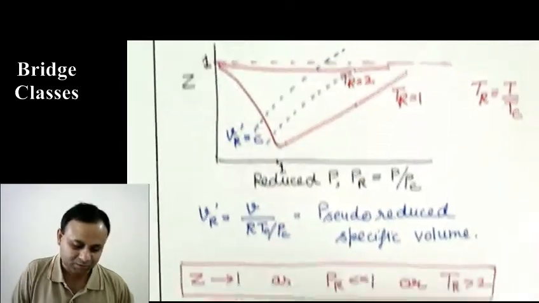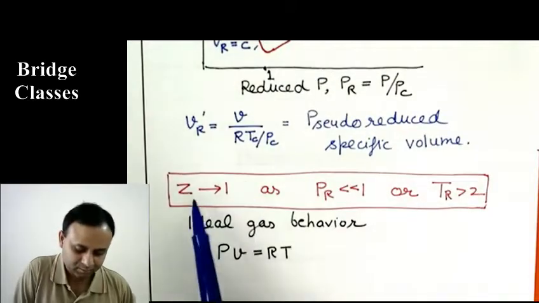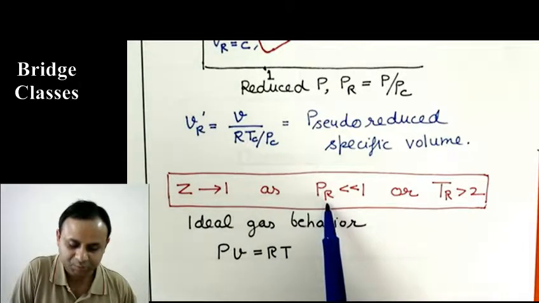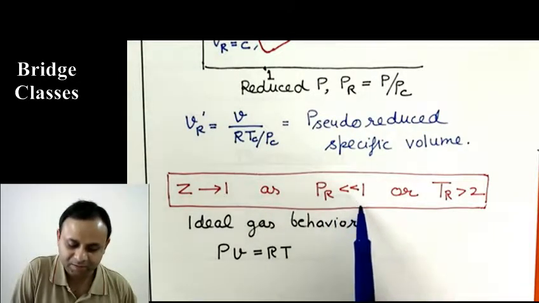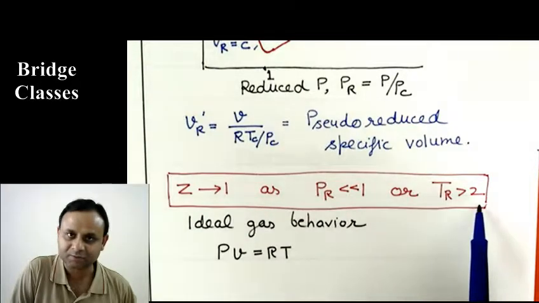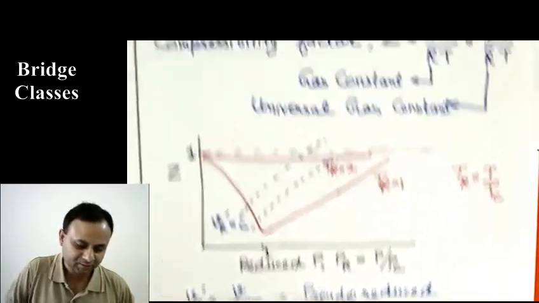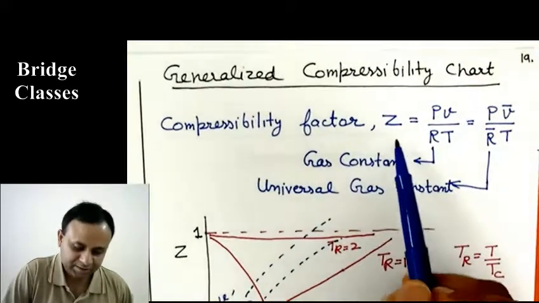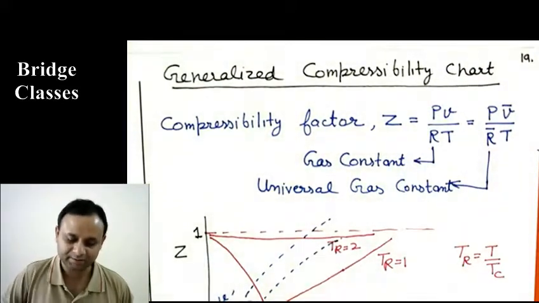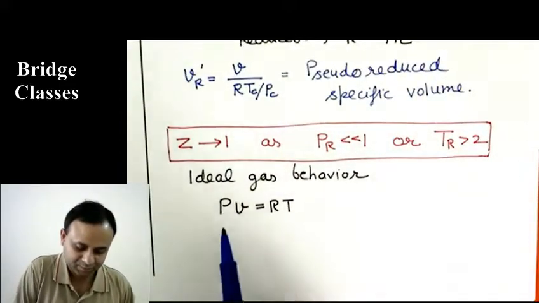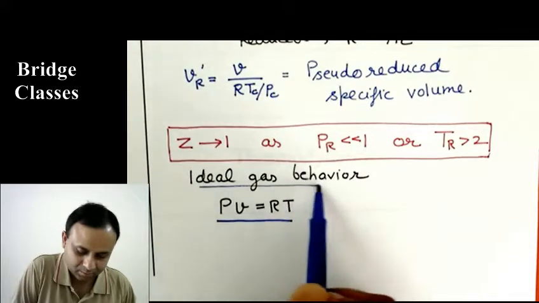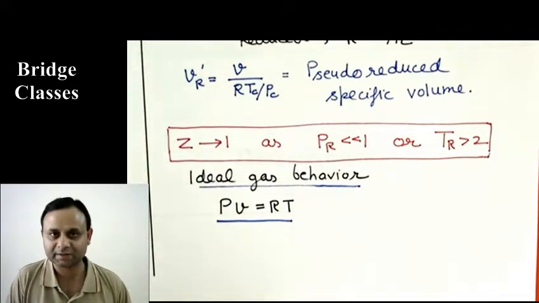So Z approaches 1 for any gas as reduced pressure is very much less than 1, or reduced temperature is greater than 2. And if Z is 1, because Z is defined as PV over RT, you get PV equals RT, and this is the ideal gas law. So the gas is behaving as an ideal gas.